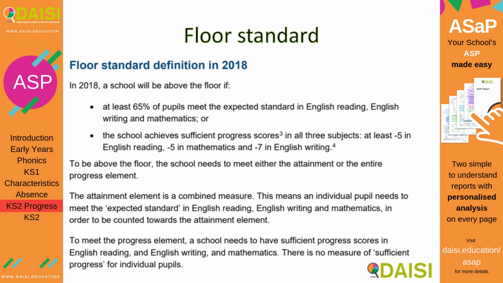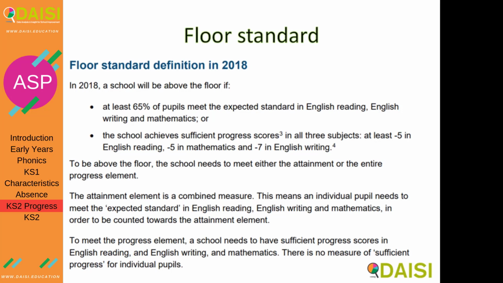So either your school gets at least -5 in reading, -5 in maths and -7 in writing, or you get a combined reading, writing, maths score of 65% or more. This was quite difficult in 2016 when the national average was 53%. In 2018, the national average is 64-65%, so much easier. Please note, you have to get all three progress scores, not just one of them as it used to be in 2015.